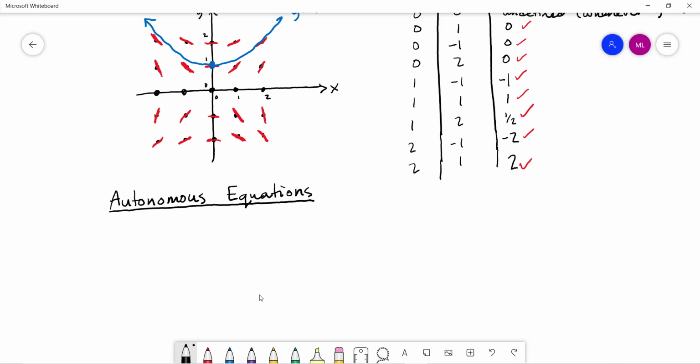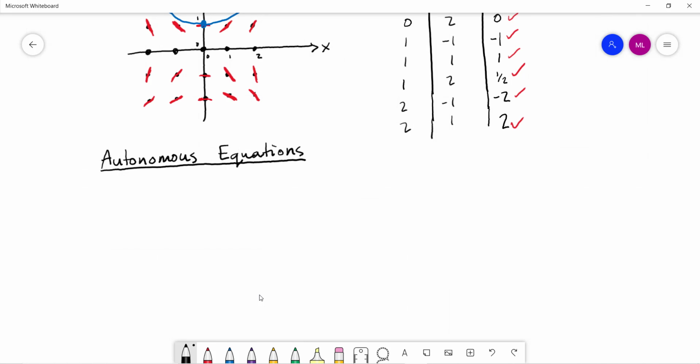This is another classification for differential equations that's going to be useful to us, but we kind of needed these tools that we've introduced in order to introduce this idea, so I couldn't do it in that first video. But let's take a look.